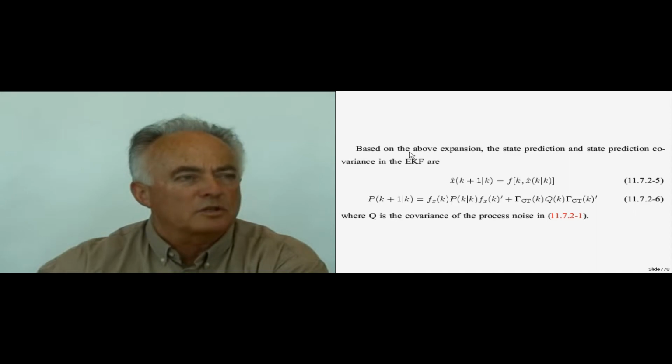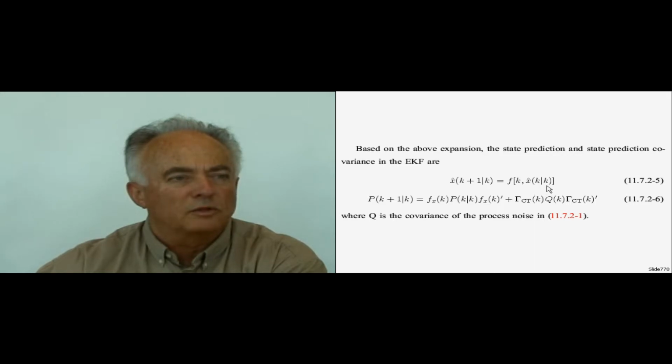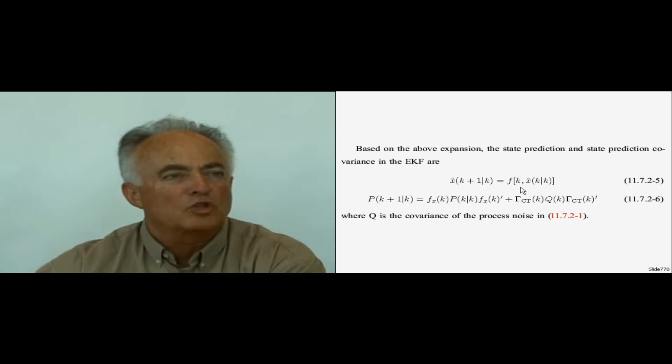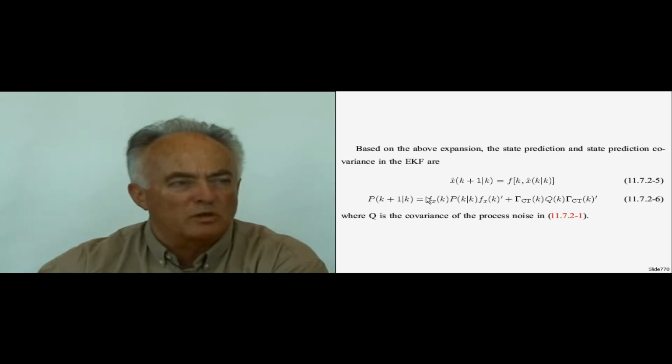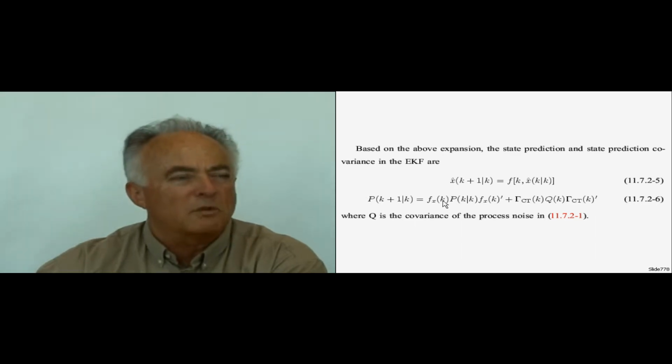Now, based on this expansion, the state prediction and state prediction covariance are, with the first order expansion, the predicted state uses only the 0th order term, namely the nonlinear function f evaluated at the previous estimate, x hat kk, and the covariance for the first order expansion is the Jacobian f x evaluated at the previous estimate times the previous covariance times the Jacobian, again, transposed.